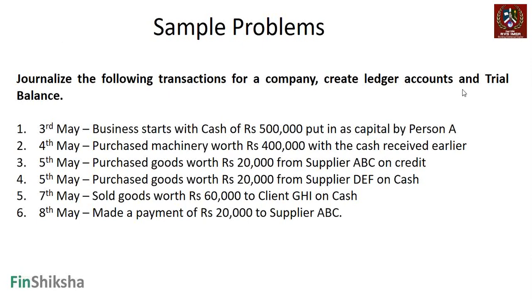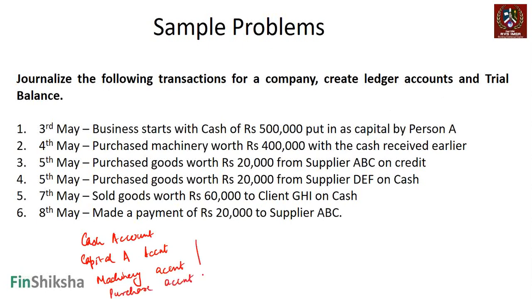And then we can build the ledger accounts, individual accounts of cash, machinery, etc. If we look at this, we can automatically say what are going to be the various accounts. There is going to be a cash account, there is going to be a capital account. Capital account is for person A. And then there is going to be a machinery account, and there is going to be a purchase account.